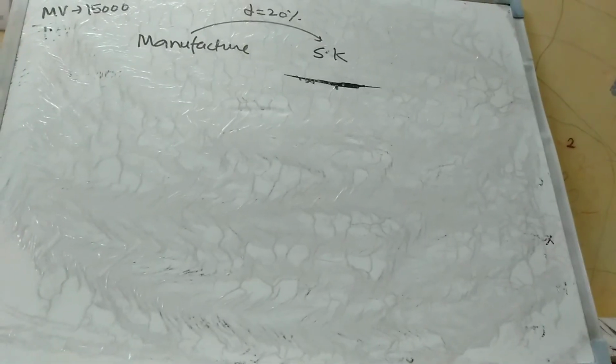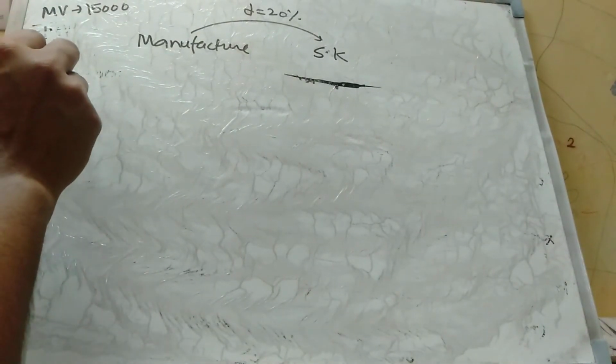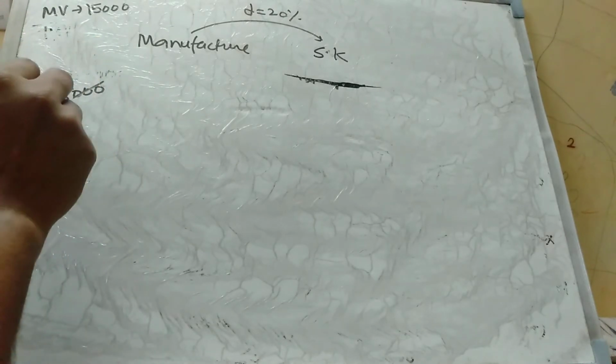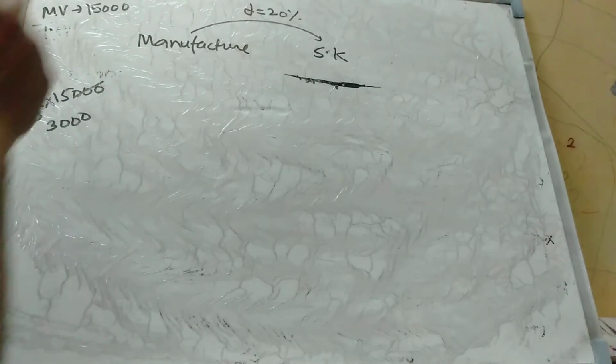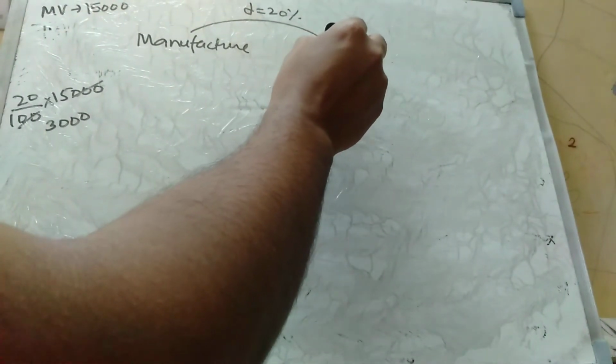20% of 15,000 is 3,000. So the shopkeeper gets this article for rupees 12,000.